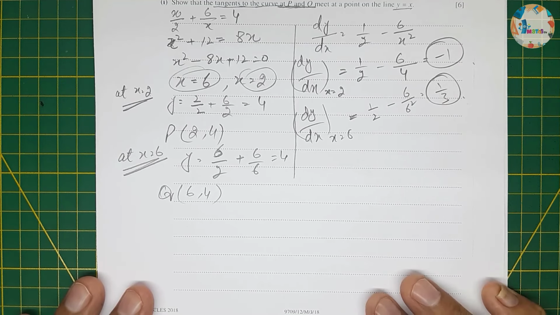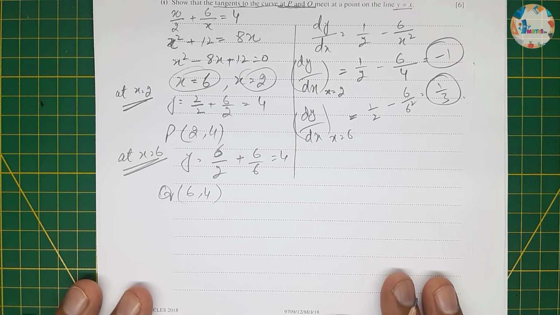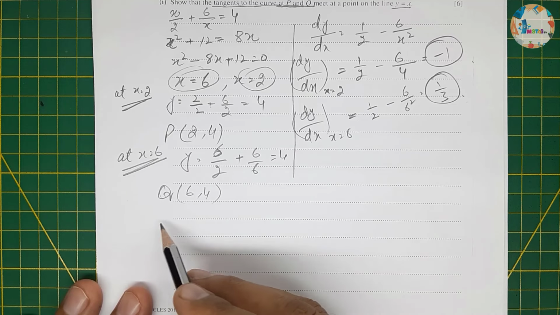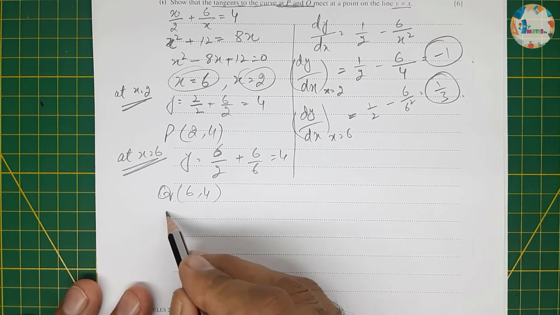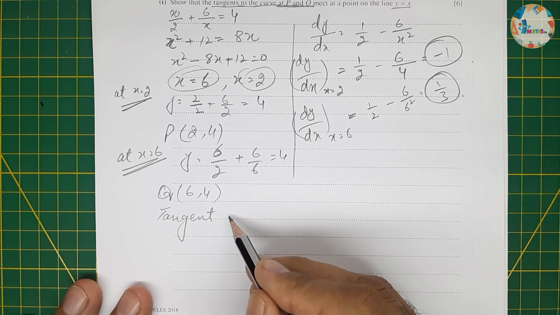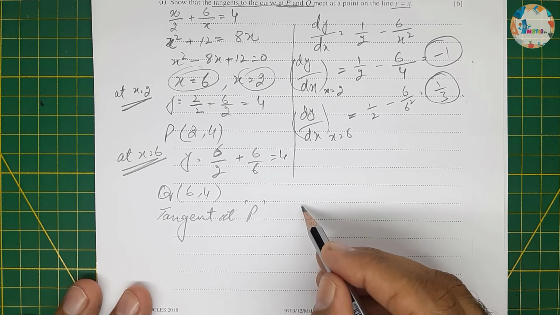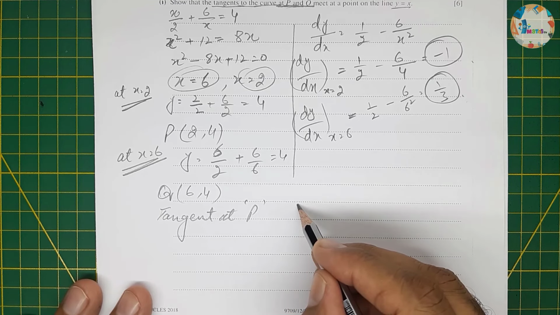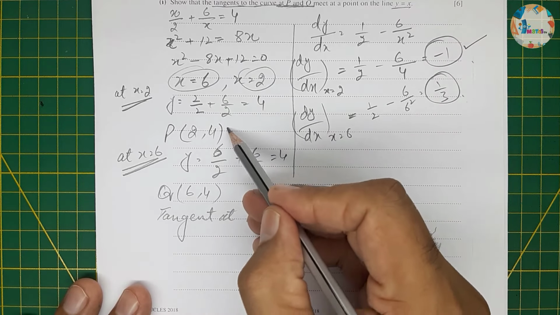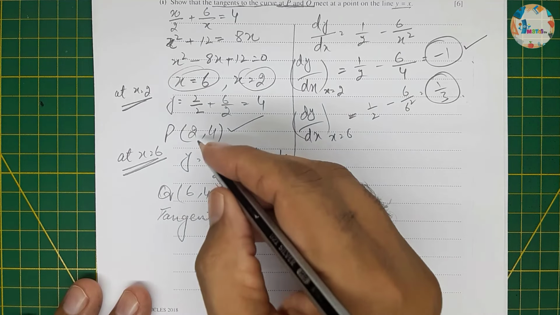So these two values we got, and now we can write the tangent at P. We will use this gradient and this point. So we will write y minus y1, which is 4.